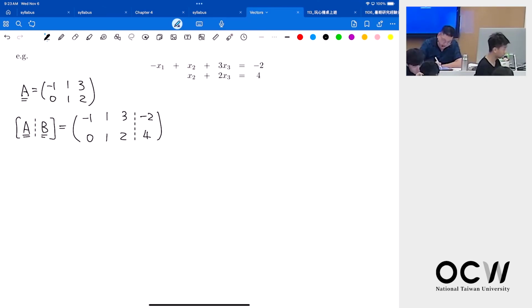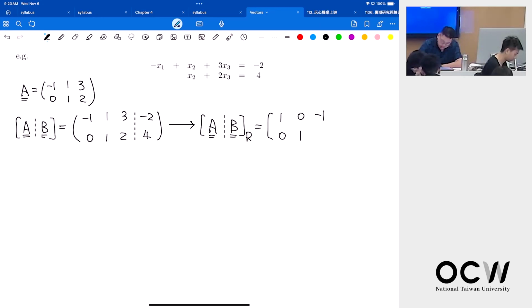Then you can find the reduced matrix. The reduced one will be 1, 0, 0, 1, -1, 2, and 6, 4.